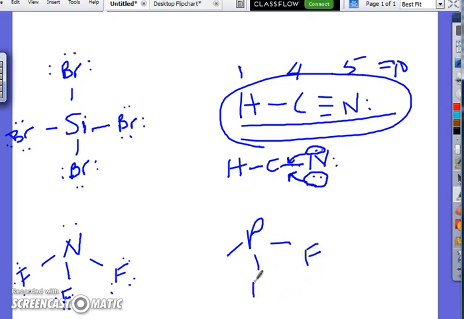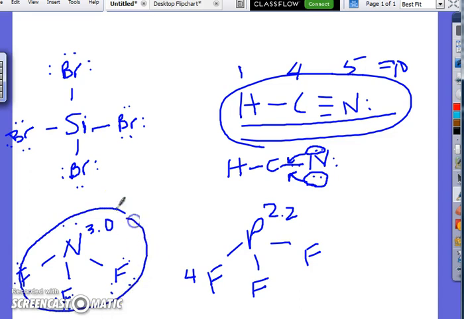At this point, shape's the same. The only thing that's different is a nitrogen versus a phosphorus. So let's look at those electronegativity differences. We know fluorine is 4, phosphorus is 2.2, nitrogen is 3. So the one that's going to be more polar than the other is this one right here because of that electronegativity difference. All right. That's it for page 8.